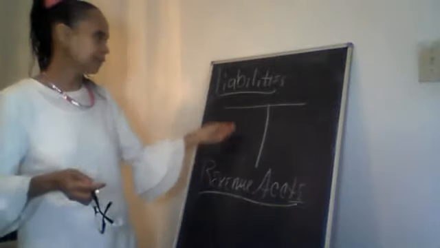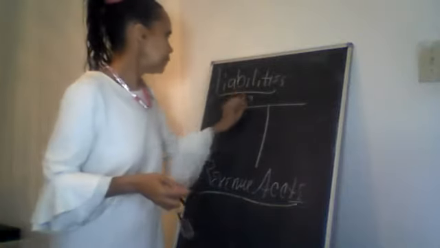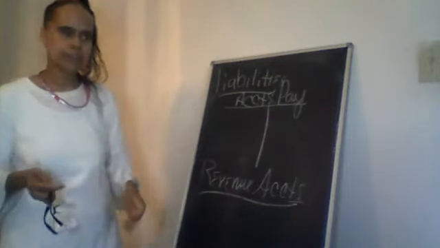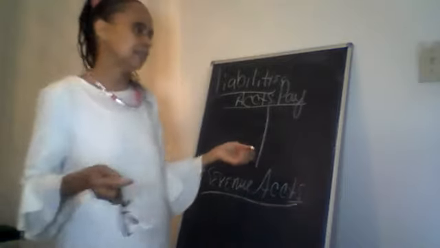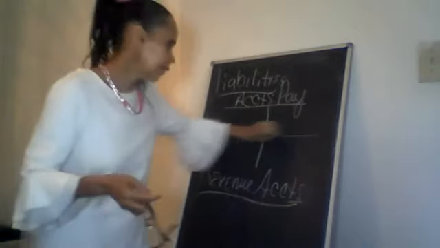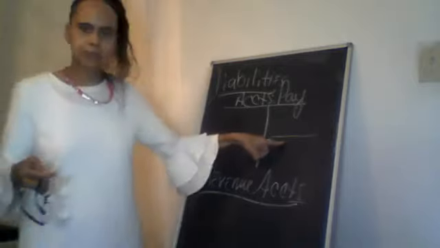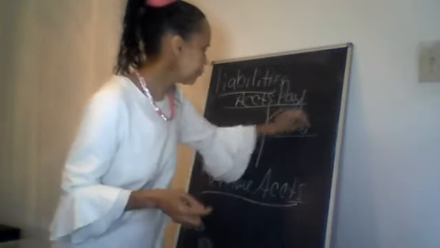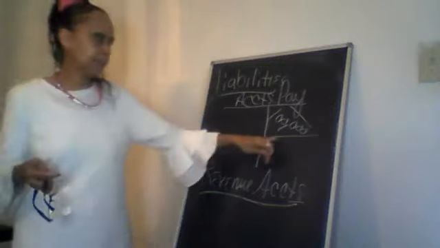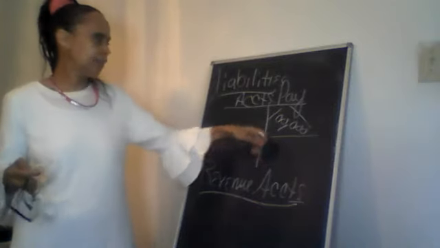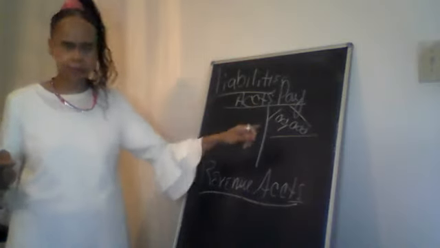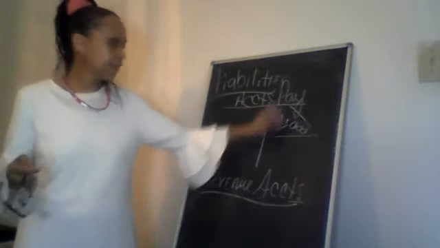So say for instance, it's a T account. Accounts payable, say for instance, $100,000. I need $100,000 worth of office supplies, so I credit on the right-hand side $100,000, because previously in my other video, I explained that when it comes to a liabilities account, you credit on the right for increase.